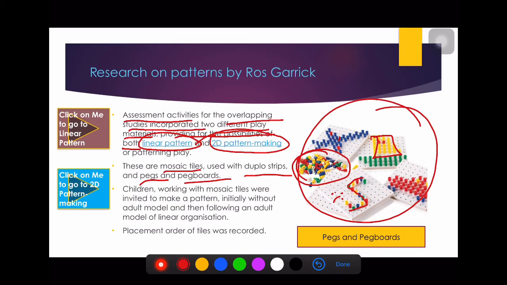Now when children work with the mosaic tiles, the Van Heel mosaic tiles, which you can Google, they were invited to make a pattern, initially without an adult model and then following an adult model of linear organization.